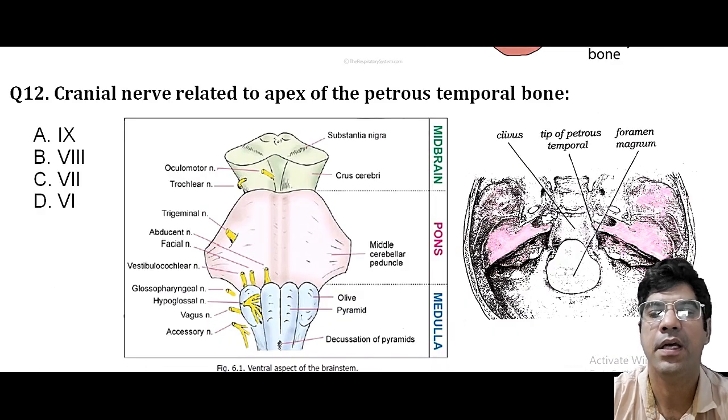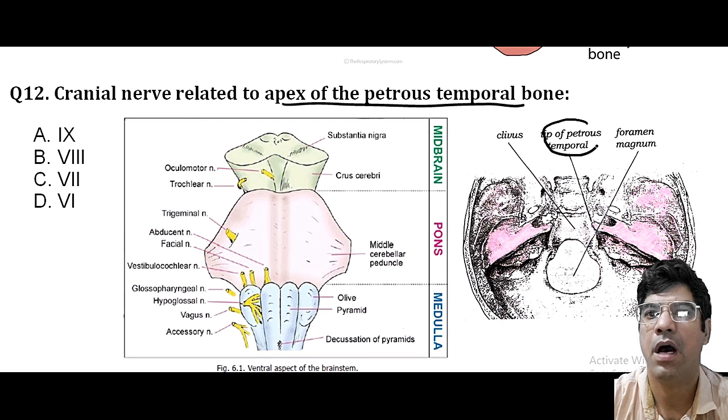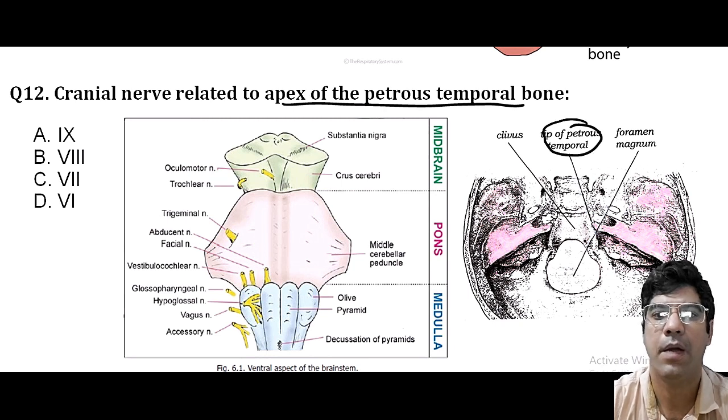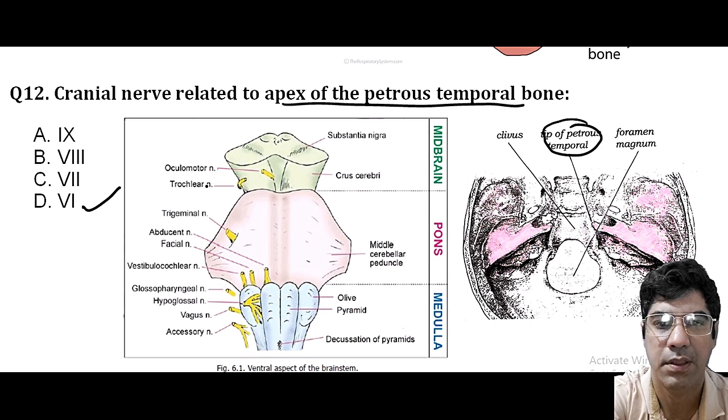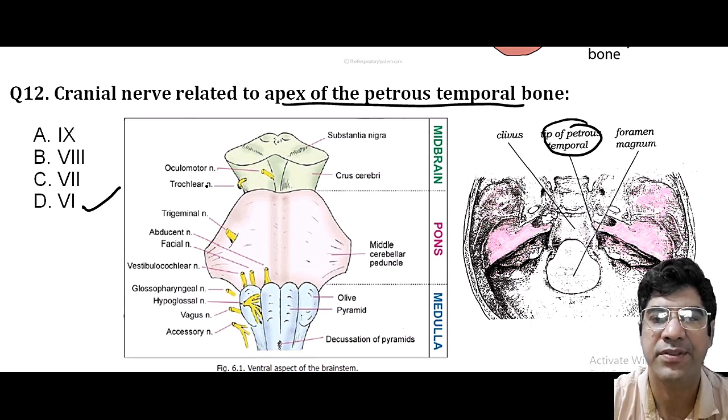The cranial nerve that is related to the apex of petrous temporal bone is cranial nerve 6, the abducens nerve. Abducens nerve is related to the apex of the petrous part of the temporal bone.